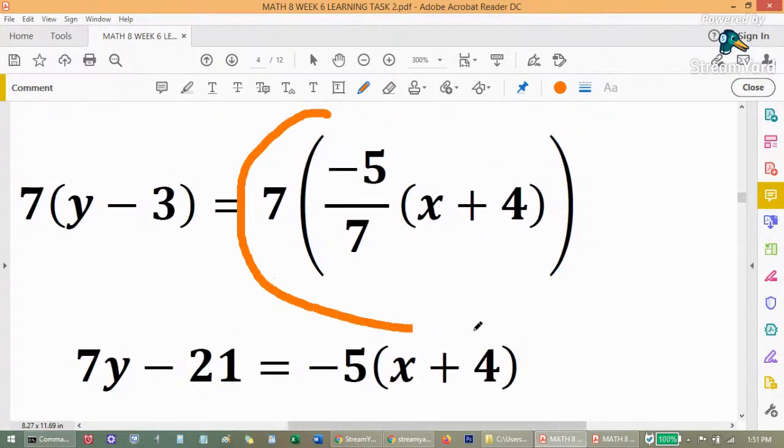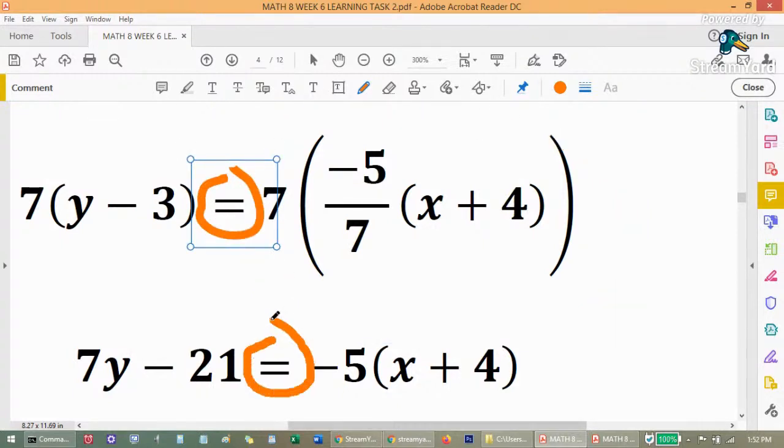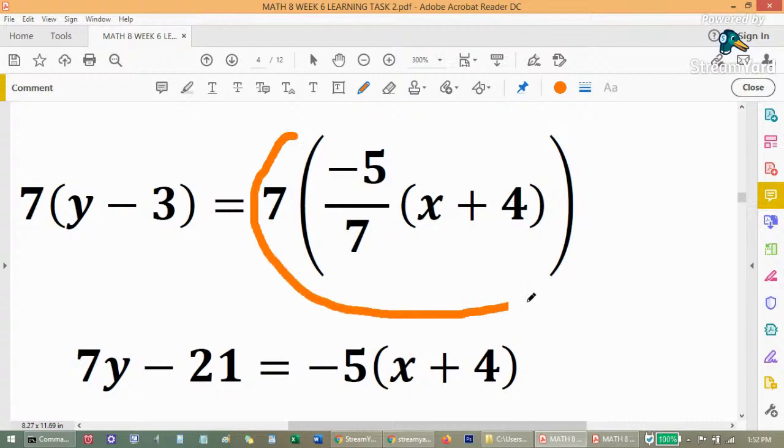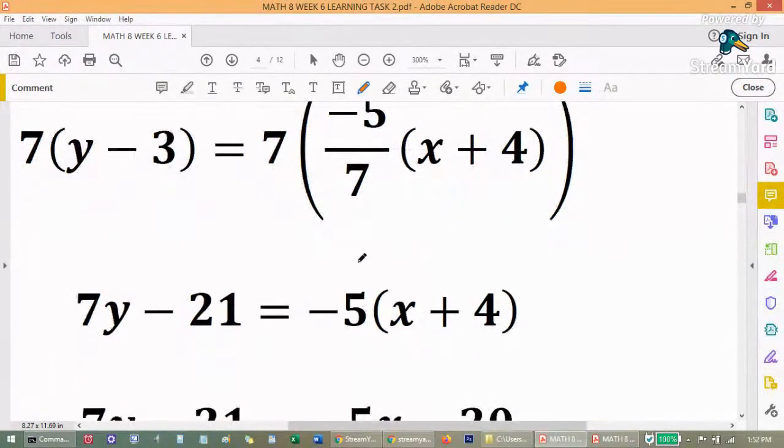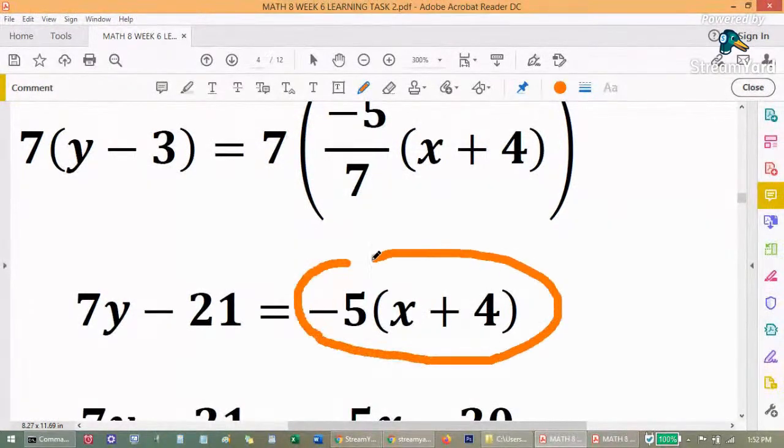Pagdating dito, of course, kokopyahin muna natin itong equals. And then pagdating dito, yung 7 na ito will cancel with the 7 dito. Itong dalawang 7 na ito will cancel out. Matitira is negative 5 times x plus 4.